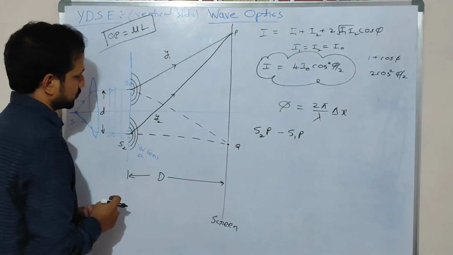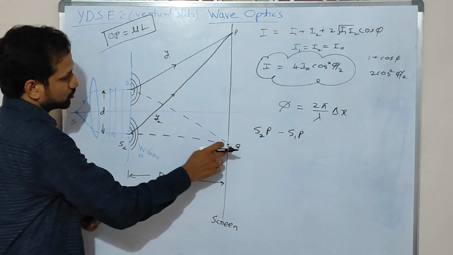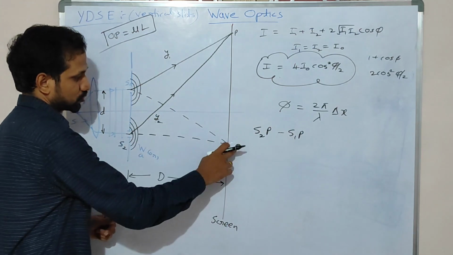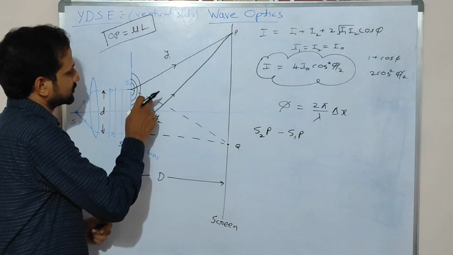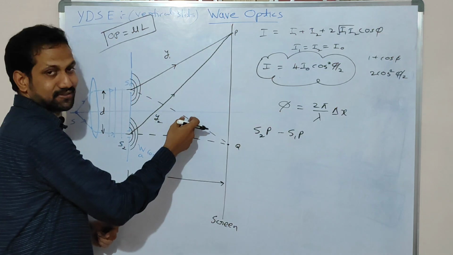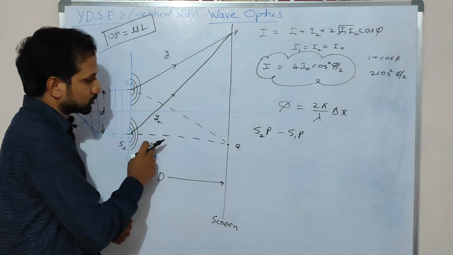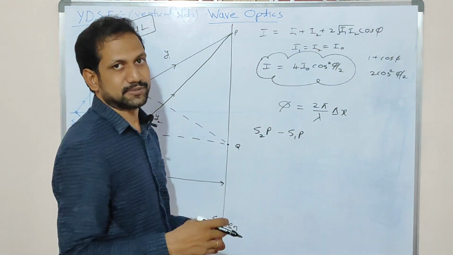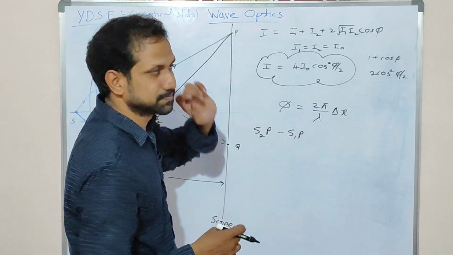Obviously S1 to Q is larger than S2 to Q. So y1 has to travel more path length than y2. So definitely at Q the intensity will be different, not equal to P.